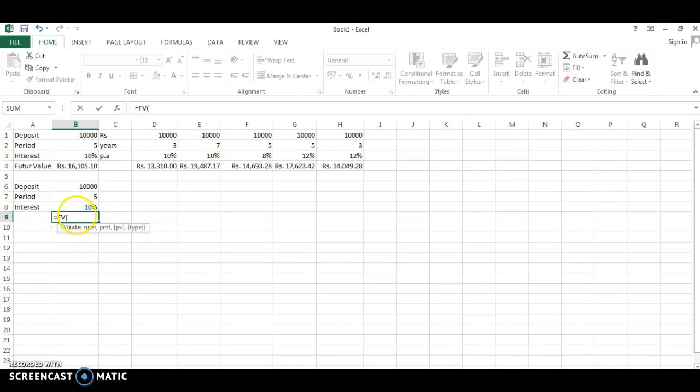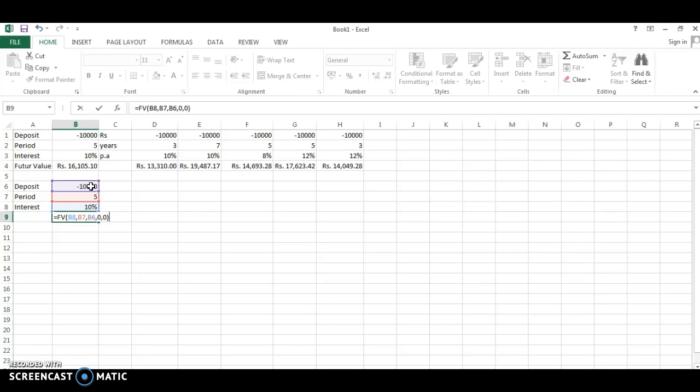So interest rate remains 10%, comma, NPER is 5, comma, PMT, there is payment, annuity, not present value, so 0, and the type also becomes 0, 0 means the end of the period.